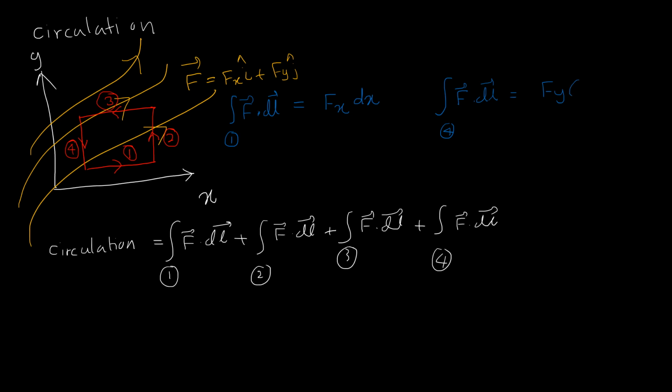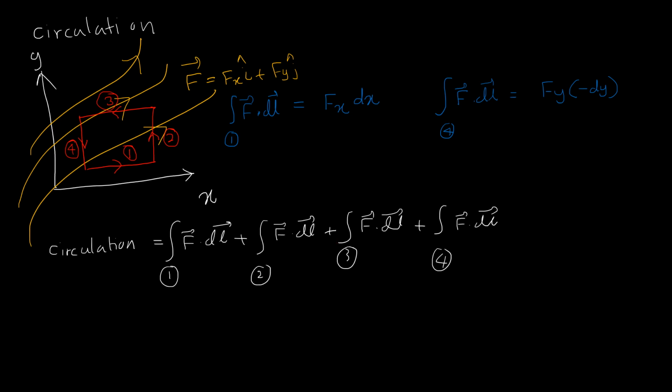However, in this case dy will be negative, because when we add the line integrals of these different paths in the anti-clockwise direction, this arrow goes in the negative y direction. Therefore, we have minus dy here.